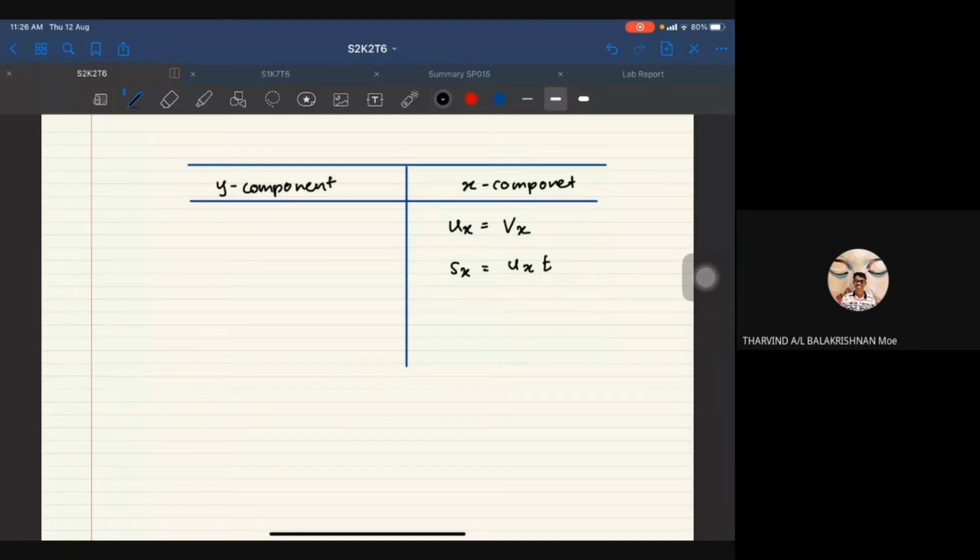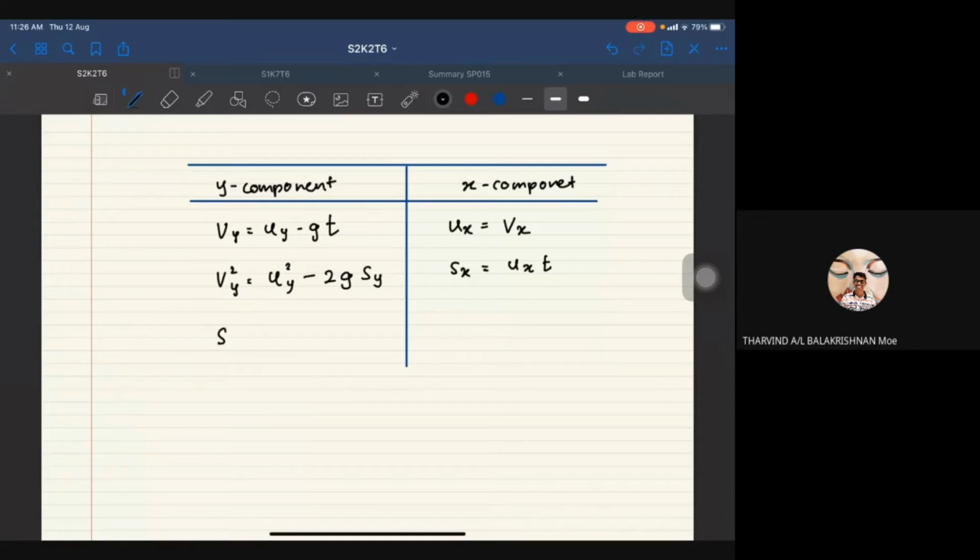Okay, for the Y component, you still have the three formula. Vy equals to Uy minus Gt. V square Y equals to U square Y minus 2GSY. Okay, nanti kamu double check saya punya formula ni.